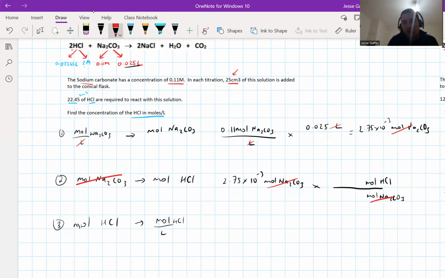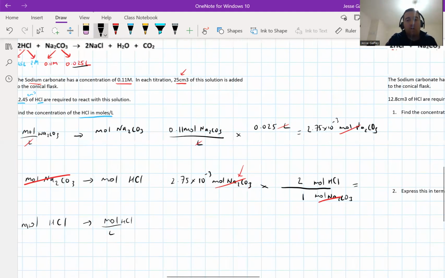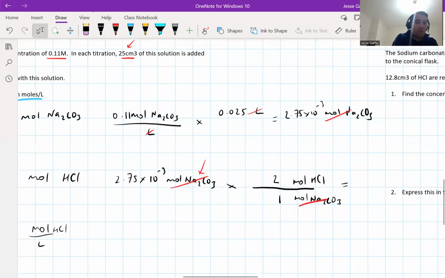Being in the denominator means it cancels with this one over here and leaves us with moles of HCl. What's the relationship? As we can see from our equation up here, 1 Na2CO3 for 2 HCl's. So 2 HCl's on the top, 1 Na2CO3. That's going to give us our answer in moles of HCl. So we're going to pause the video and do that sum now.